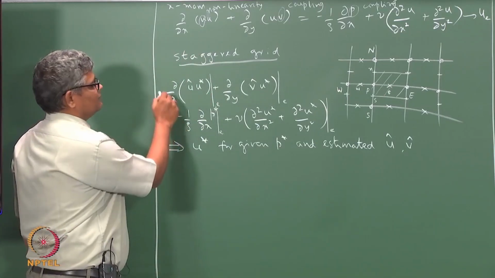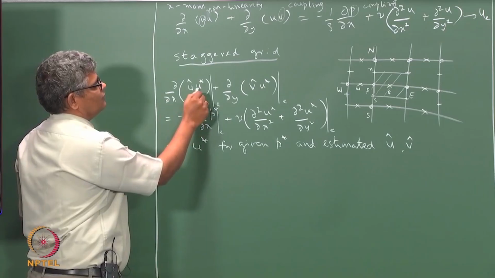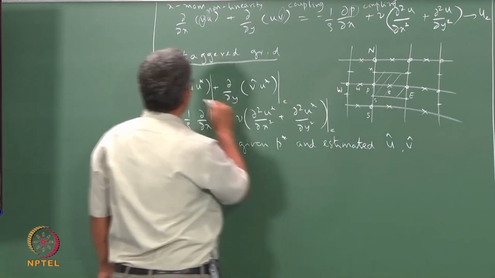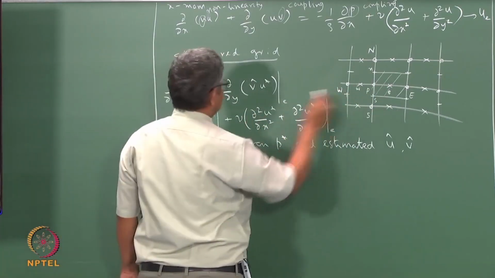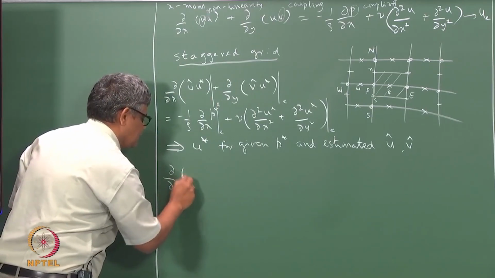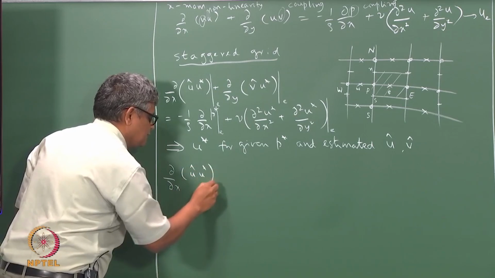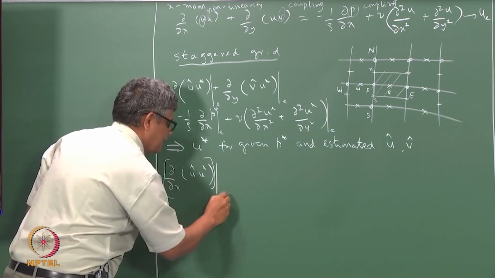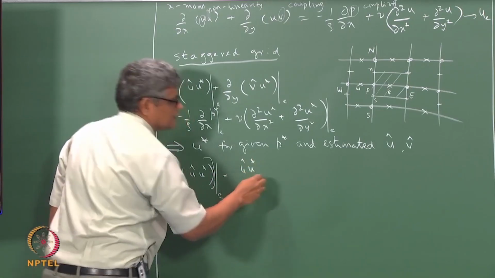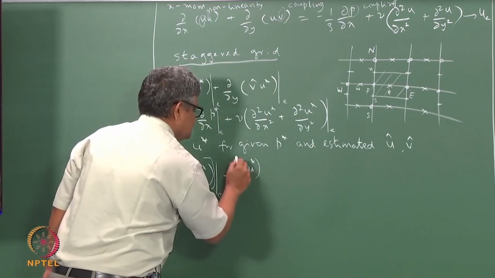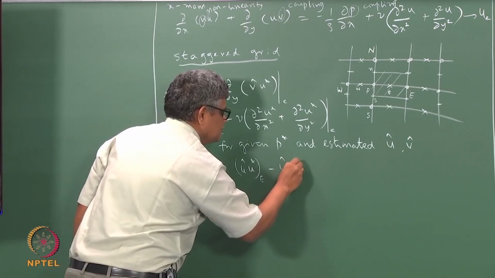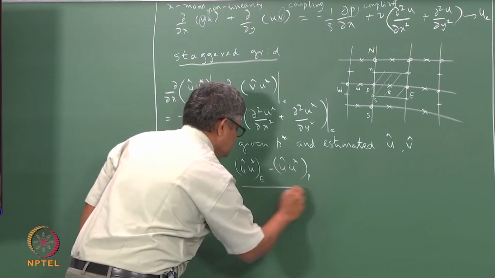Now if you consider the first term here, this is dou by dou x of u hat u star at E. Because it's dou by dou x, we can write dou by dou x of u hat u star at point E as u hat u star at capital E minus u hat u star at capital P divided by delta x.